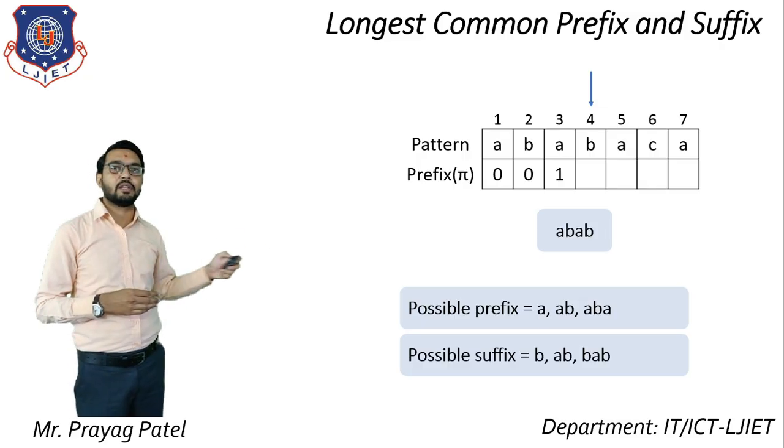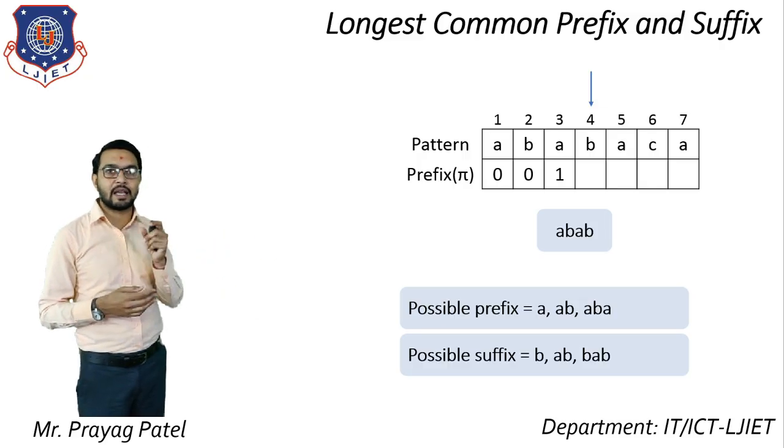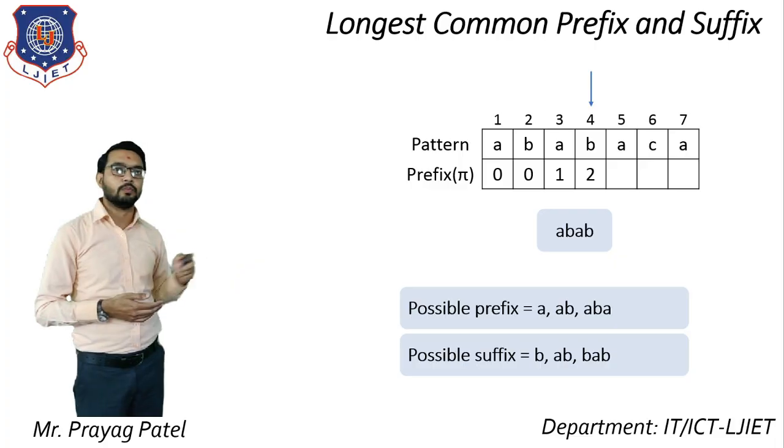The length of this prefix suffix is 2, because the matching prefix suffix is AB, and the length of the string AB is 2. So consider the value 2.